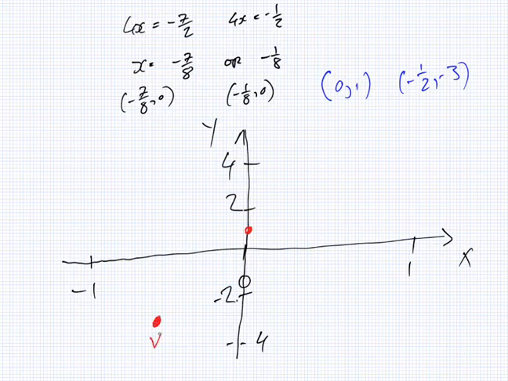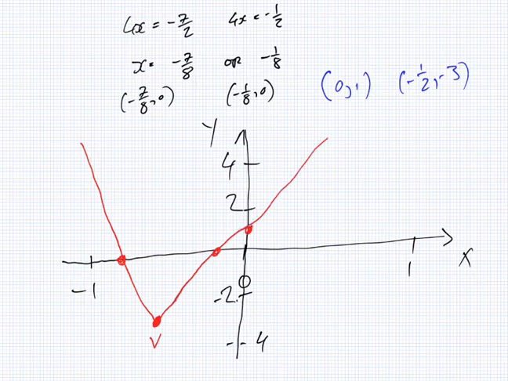This is the vertex. Minus 7 eighths and 0, and minus 1 eighth and 0. I put them all in. If I label them, it'll be clearer: A, B, C, and D. So here was the vertex, which was D. Here are the 2 x roots, A and B, and then here's the y-intercept, C.